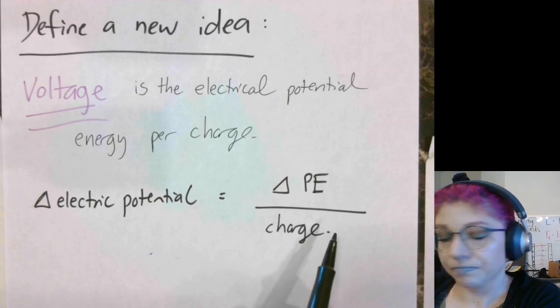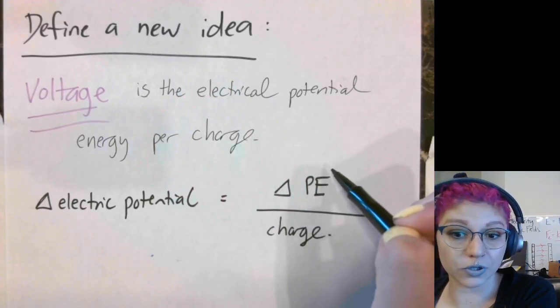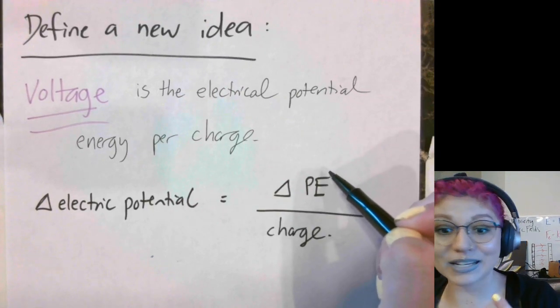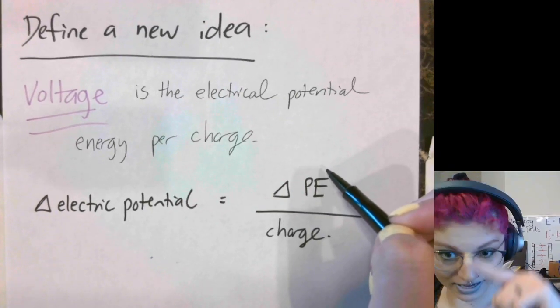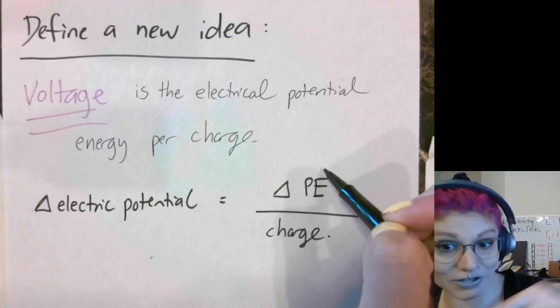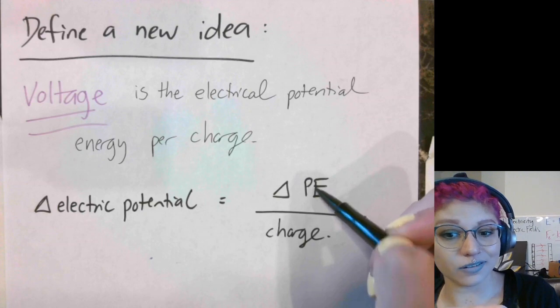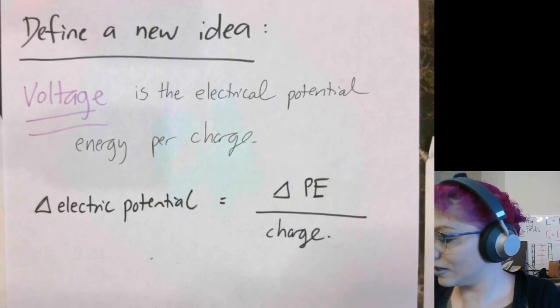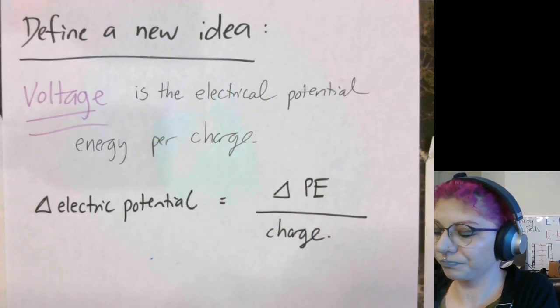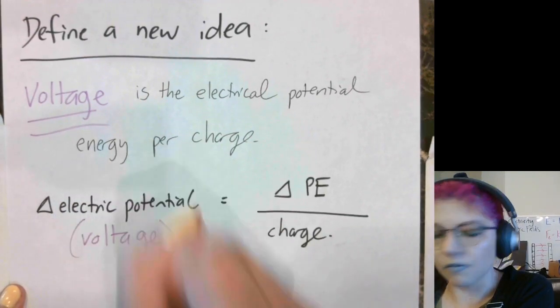What this means is that as we change the potential energy of the system, so think of that tennis ball going up and down, right? Or think about those electrons going around a circuit. That change in energy per charge gives us our voltage.